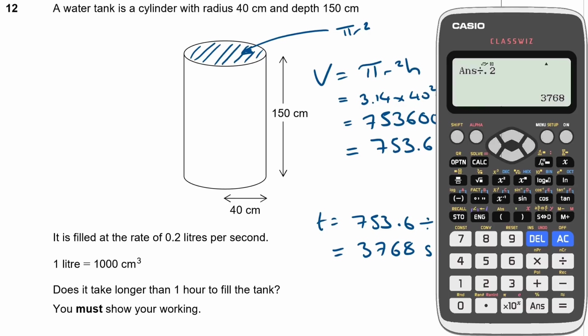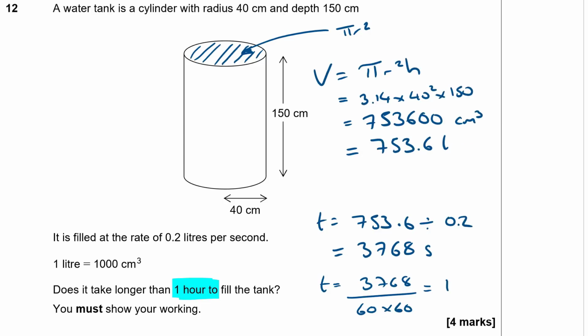3,768 seconds. Now this question is asking about time in hours, so we need to convert that to hours. So time in hours is going to be the seconds divided by 60 to get minutes, and then another 60 to get hours. So 3,768 divided by 60 divided by 60 is 1.046 recurring, which I'm going to round off to 1.05.